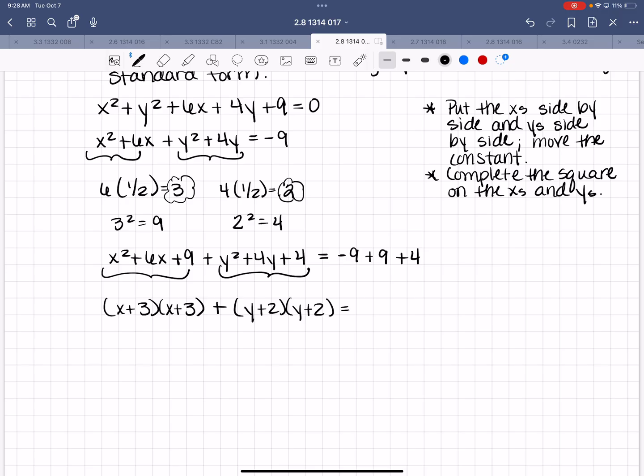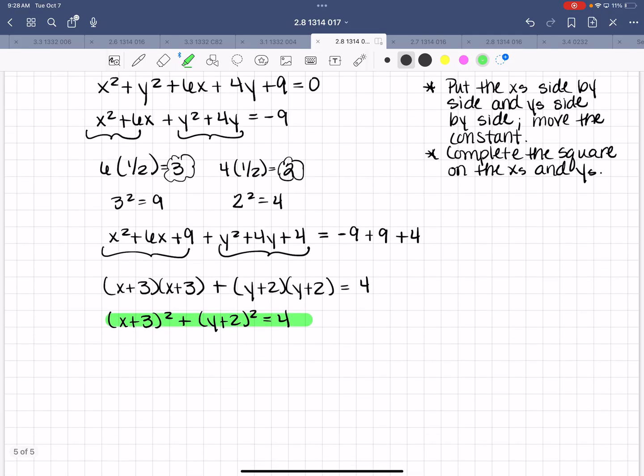And that's going to give me a positive 4. That, of course, becomes x plus 3 squared plus y plus 2 squared equals 4. There's one of your answers right there. That's standard form. It's the last one.